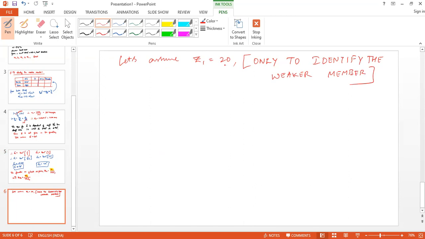Okay, we are assuming the value of Z1. This is only to identify the weaker member, but it is not the actual value of Z1. If I assume Z1 as 20, what is Z2?